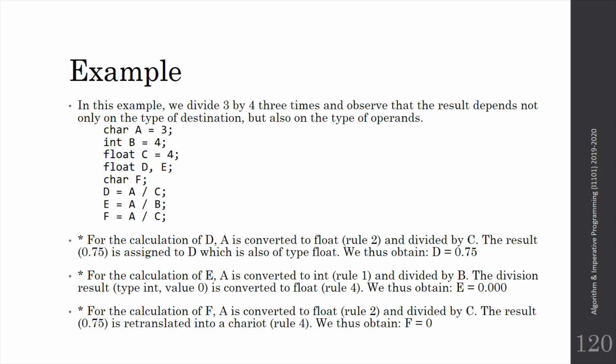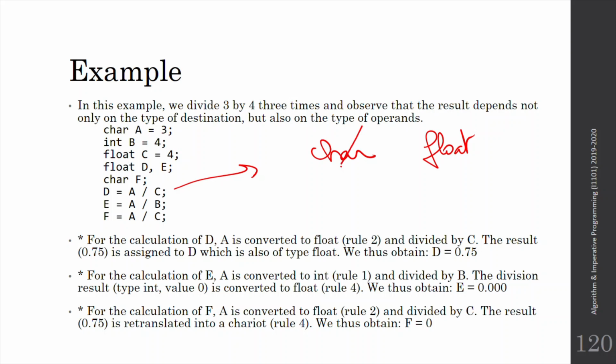We have here 6 variables: a, b, c, d, e, f. So a is char, b is int, c is float, d and e are floats, and f is a char. Let's see the expressions here: a over c. We have a of type char and c of type float.